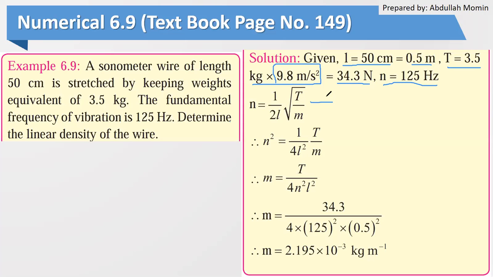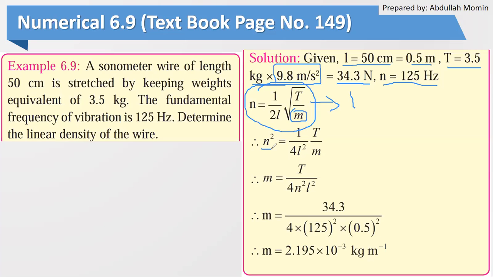So this is the formula of fundamental frequency of the wire, and in this formula we are supposed to find out m, which is under the square root. In order to remove the square root, we are going to square this equation.